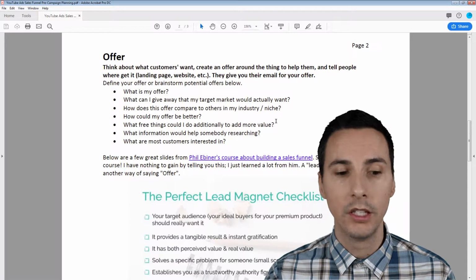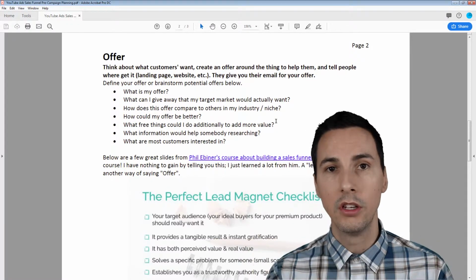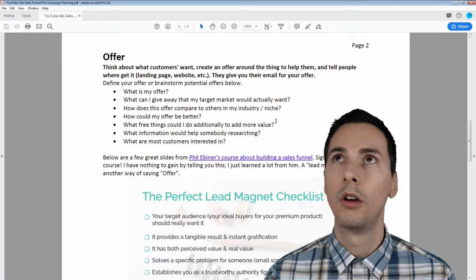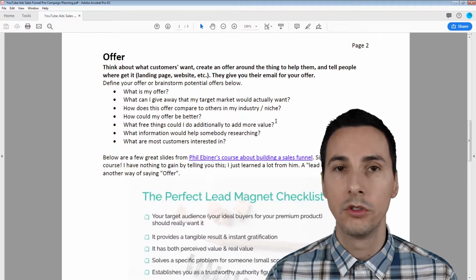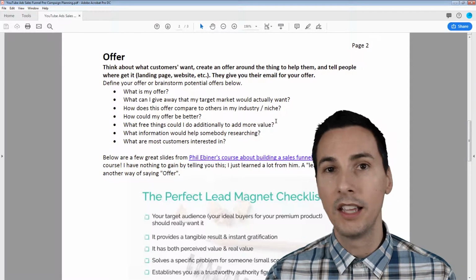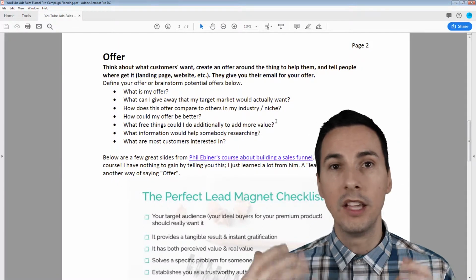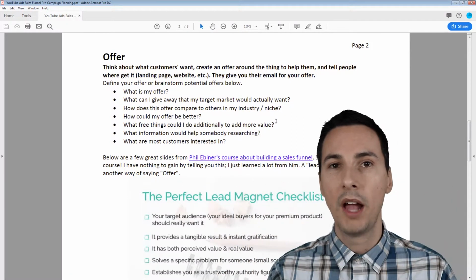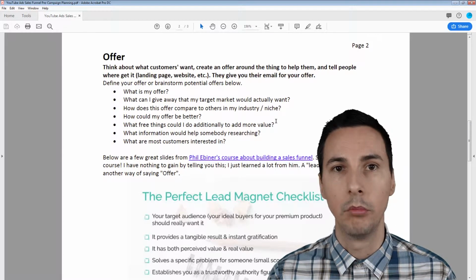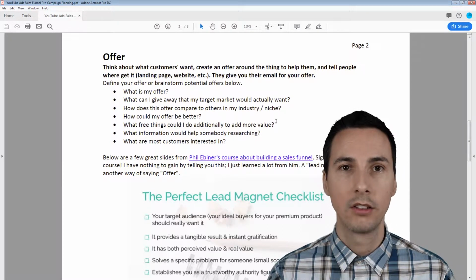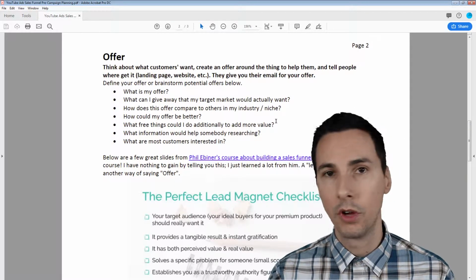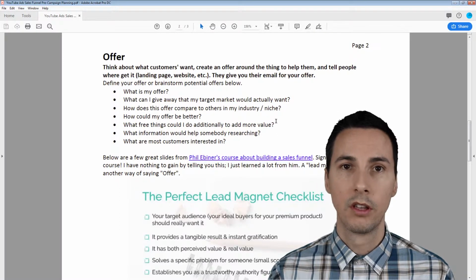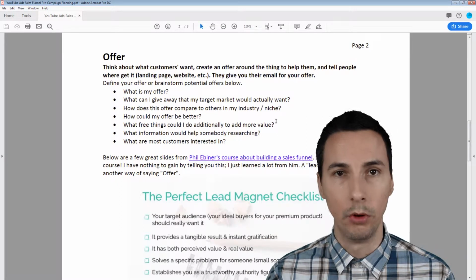Then we have to have a really good offer. So what is it about my customers or potential customers that I could provide to them that might help them? A lot of this just maps all the way back to being able to help somebody. And this all comes back to the know, like, and trust. You build trust by creating value for people.